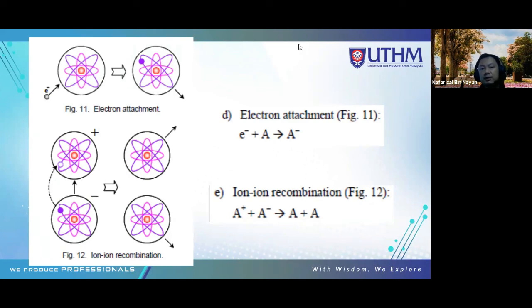Most of the time we see this inside oxygen plasma: oxygen plus hits oxygen negative, and it becomes oxygen plus oxygen. This is the ion recombination.